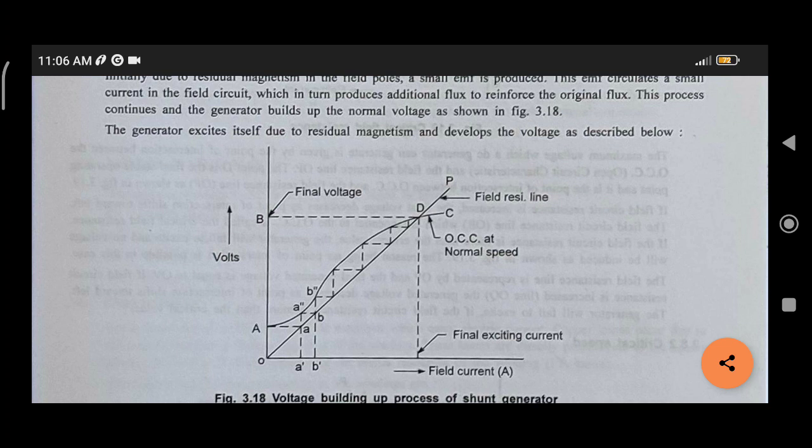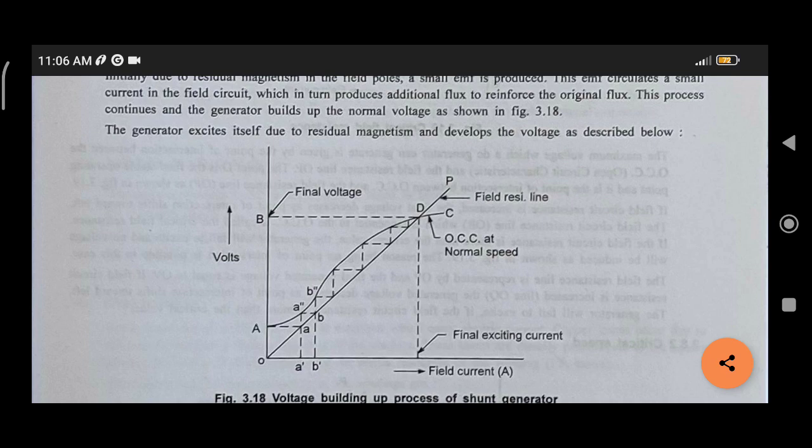Now, due to the circulating current, another flux is produced. This flux generates EMF, and this EMF is added to the voltage. Further current flows, further flux is generated, and further voltage is built up.